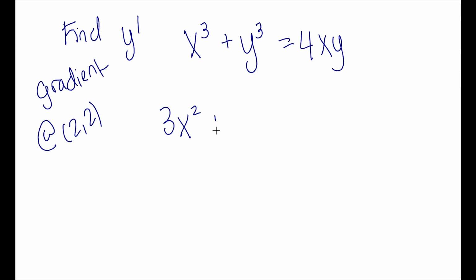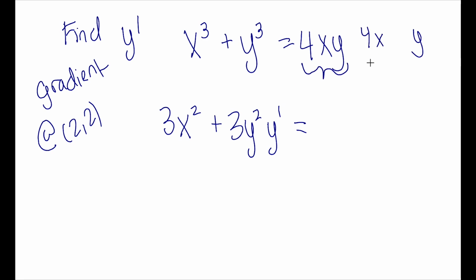This is a y, it's 3y squared, but we have to add that y prime since we're finding the derivative of y. On this side, it will be product rule. And hopefully you'll see the pattern soon: if you have a coefficient followed by a single x and a single y, it's 4x times y prime and 4 times y.